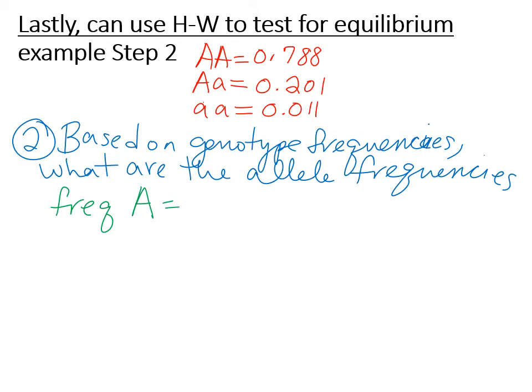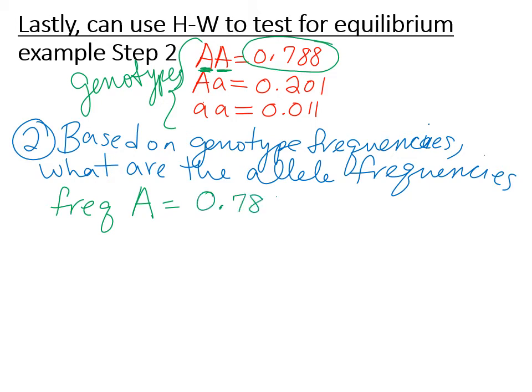Okay, so we now want to do first the frequency of our first allele, capital A. Well, again, in order to do that, you go to your genotype frequencies and you ask yourself, where do you see the letter A, right? So I'm going to do this the second option that I showed you, where you're using the genotype frequencies themselves. So the frequency of capital A is this whole top number, this whole homozygous dominant frequency, plus, where else do we see it?